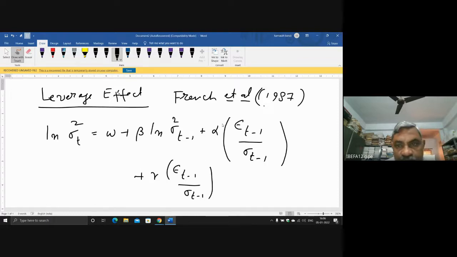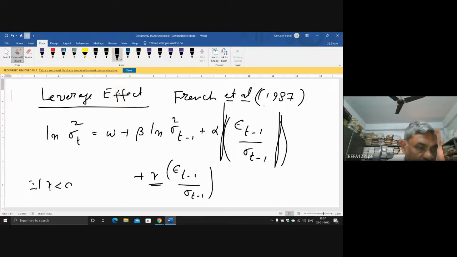Here, please read this as modulus, not as bracket. Sorry, I'm doing it in a very clumsy way. So the additional parameter that you have introduced is gamma, so our focus should be more on gamma.